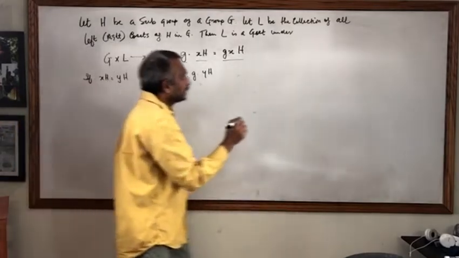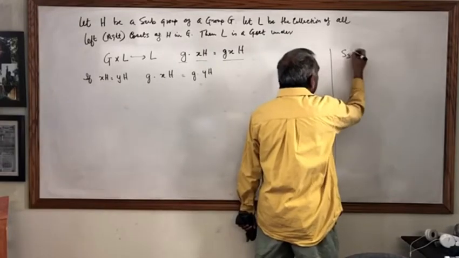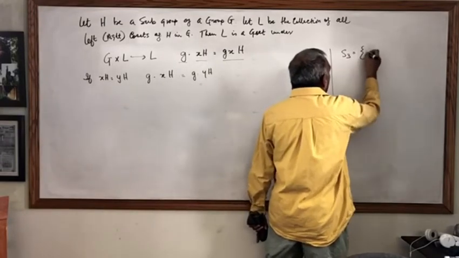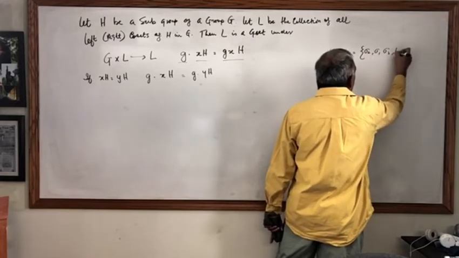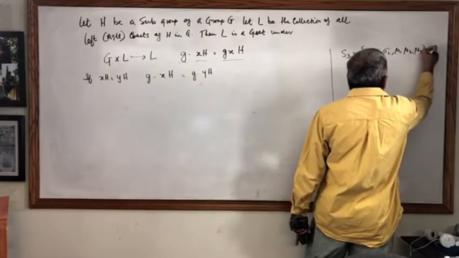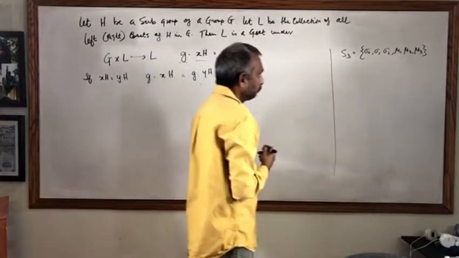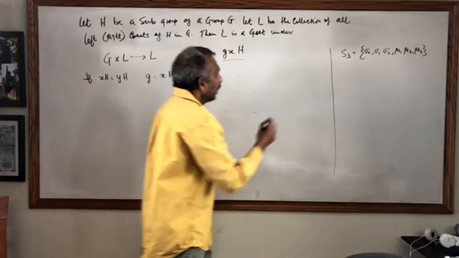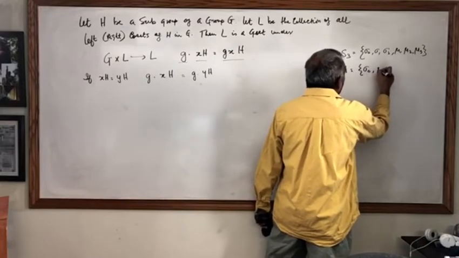If you take an example, let us take the symmetric group with element 3. So sigma 0, sigma 1, sigma 2, mu 1, mu 2 and mu 3. These are rotations and these are reflections. And one subgroup will be sigma 0, mu 1.